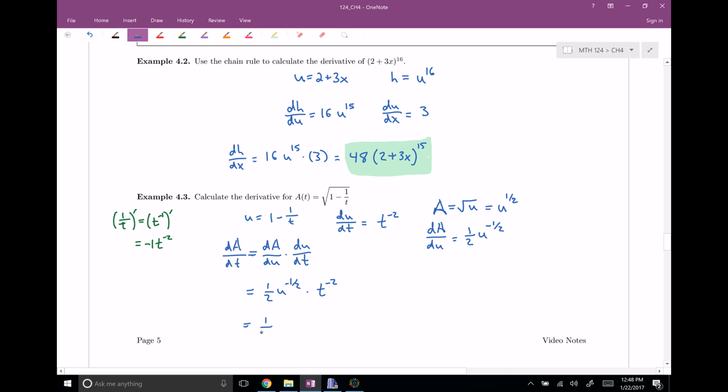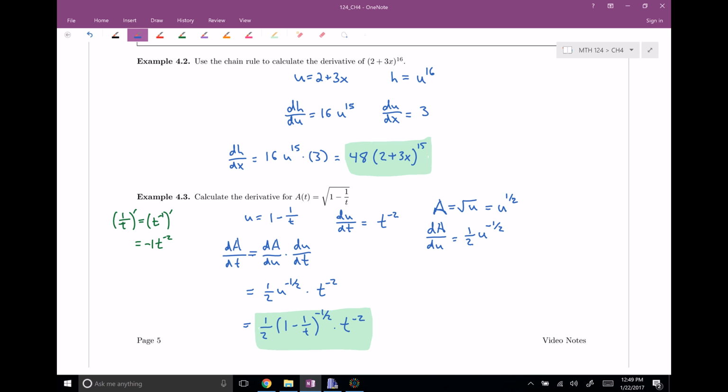So 1/2 times (1 minus 1 over t) raised to the negative 1/2 times t to the negative 2. And there we are. That is my final answer.